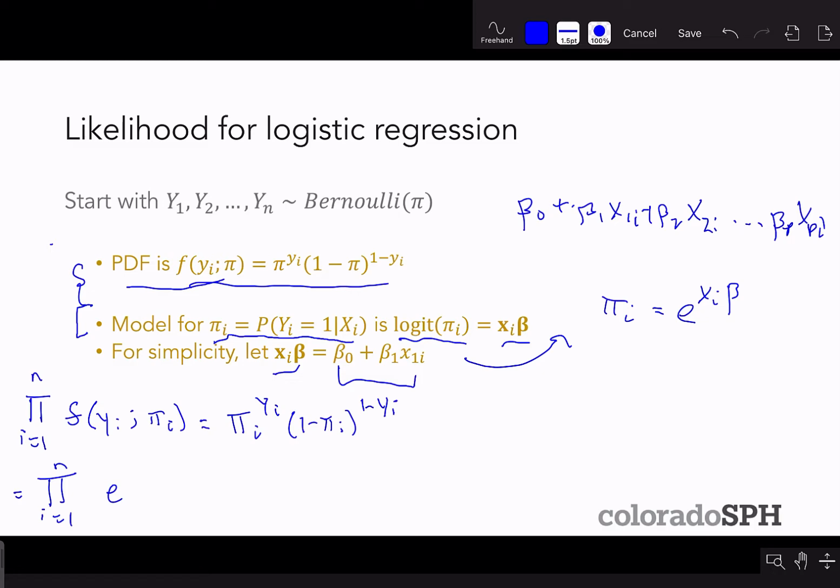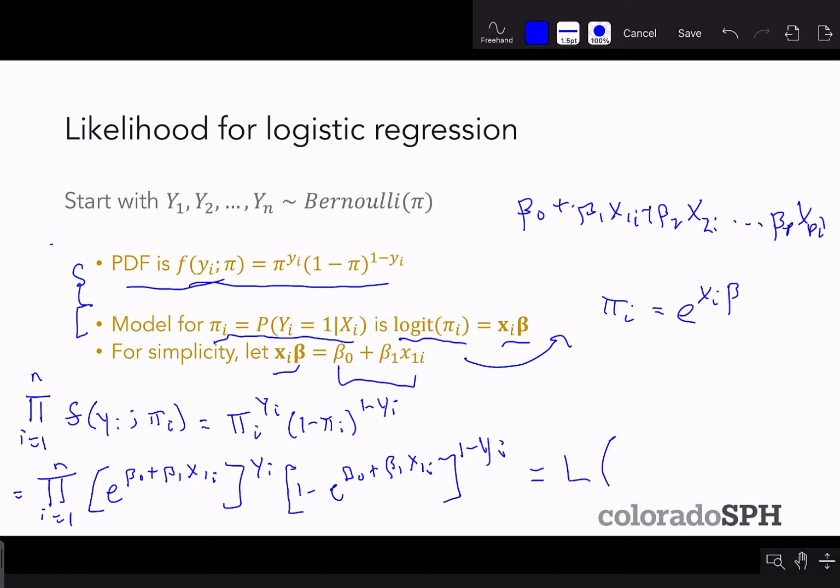So that gives you e to the beta 0 plus beta 1 x1i all to the yi times 1 minus e to the beta 0 plus beta 1 x1i to the 1 minus yi. Okay, and that is your likelihood function.